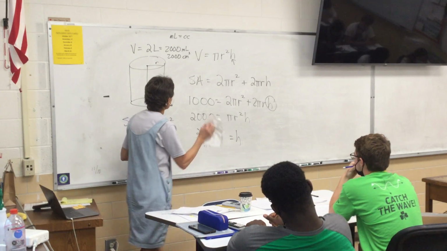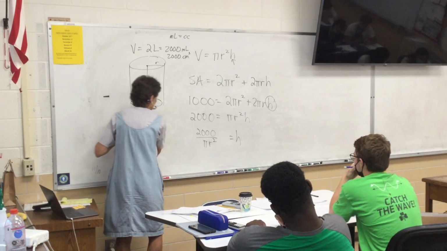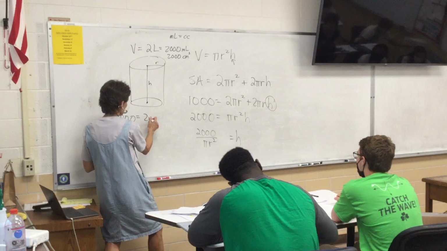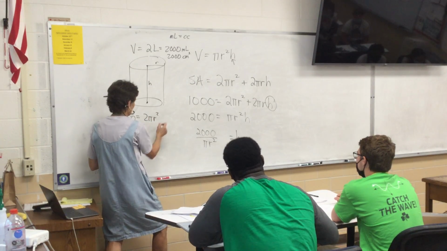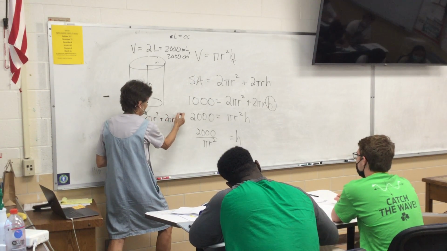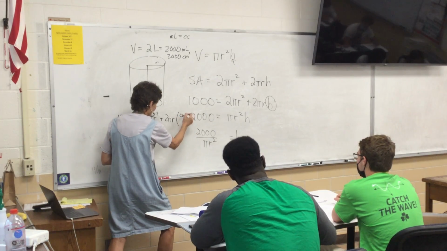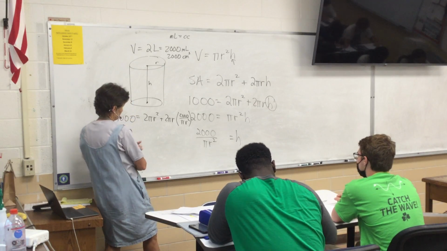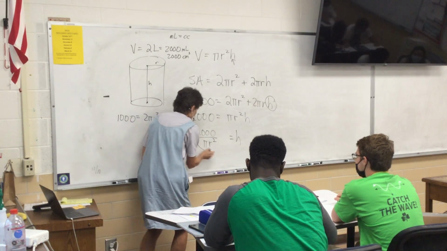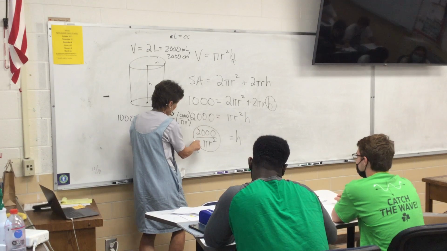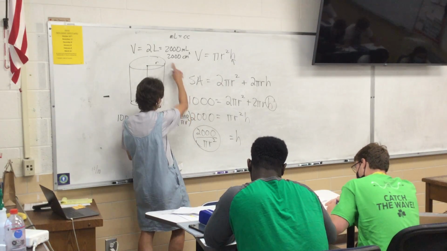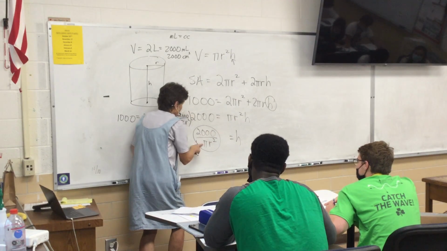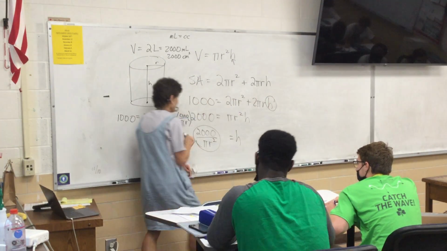All right, I gotta erase something. So I'm gonna have 1,000 equals 2 pi r squared plus 2 pi r times 2,000 over pi r squared. I'm taking this h value from my second equation, my volume equation, and plugging it into my surface area equation.